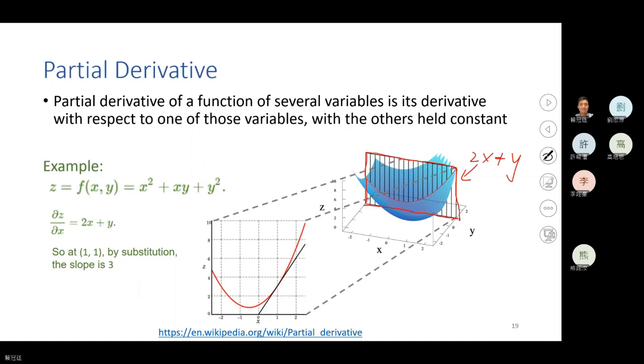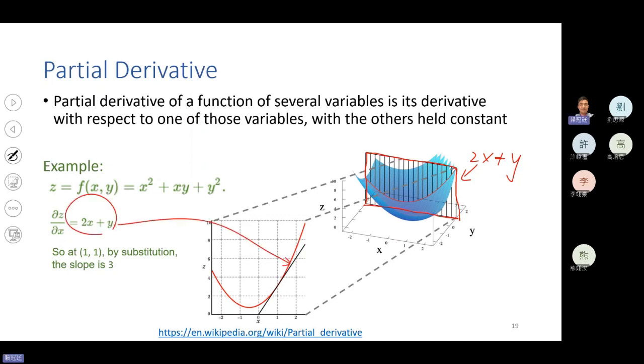Partial derivative will fix one dimension and calculate the change. Finally, the derivative will be equal to this tangent line, the black line on this function. So the slope is equal to 3 at the point 1, 1. You can calculate the result.